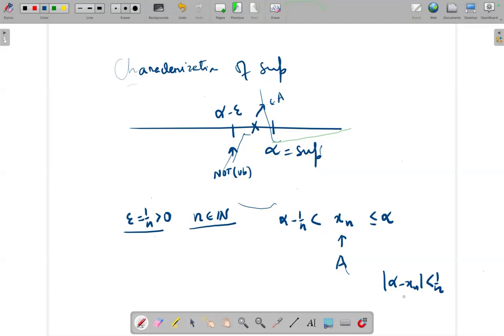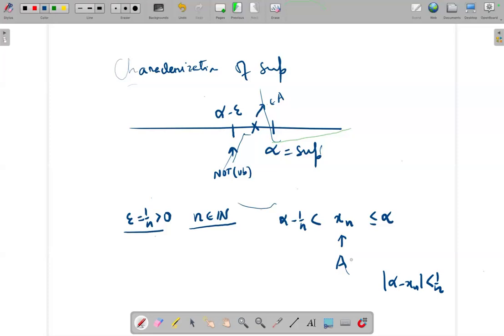So this simply says that xn converges to alpha. The xn's are from A, and it converges to alpha. So this simple characterization is very practical, very useful. It immediately gives rise to a sequence in A that converges to the supremum.